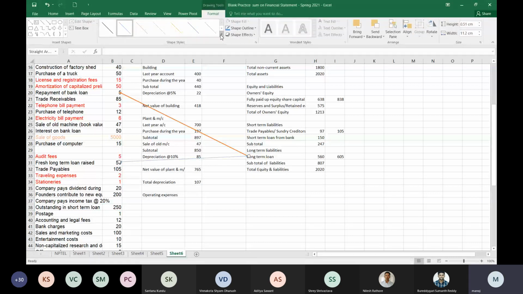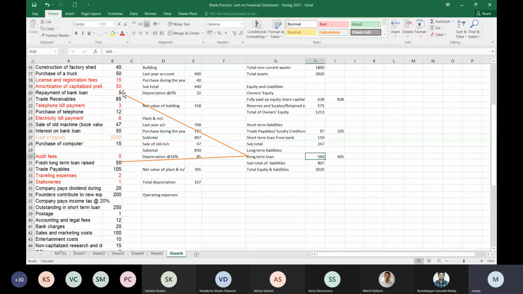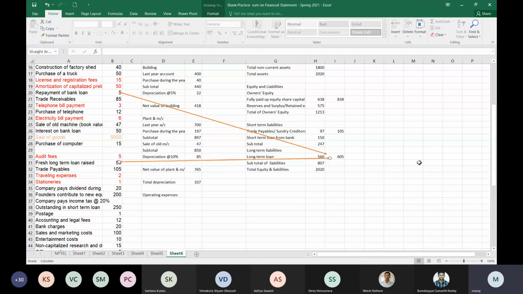These two are taken together, meaning previous year's long-term loan minus repayment plus any loan raised comes here. Okay, so these two are connected. Let me take this guy there to easily understand.